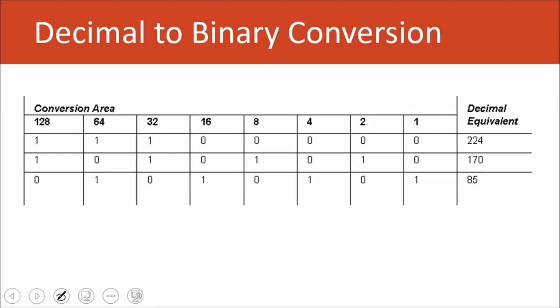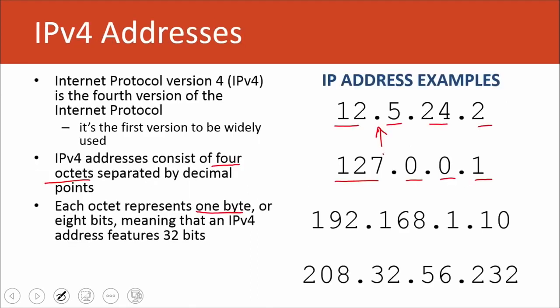What that also means is that we can convert those decimal values into binary. Let's take a look at a simple octet here, say 192 as an example.